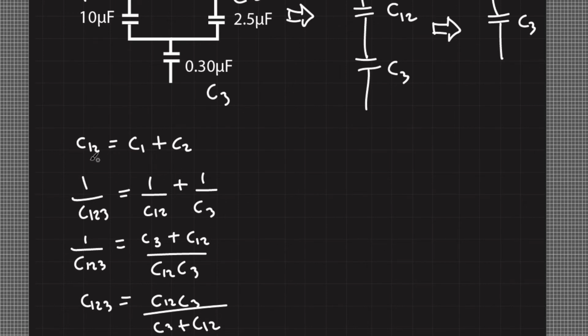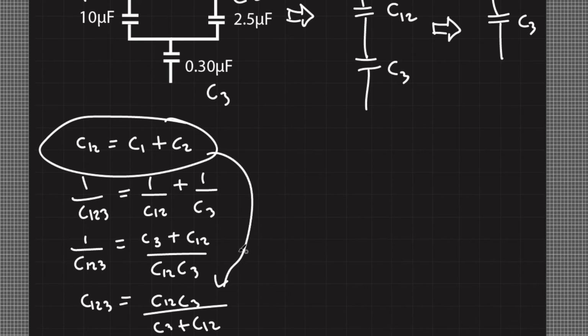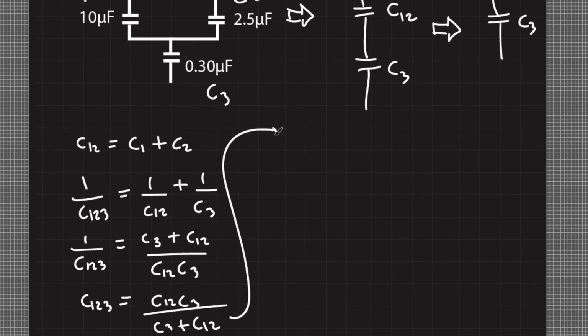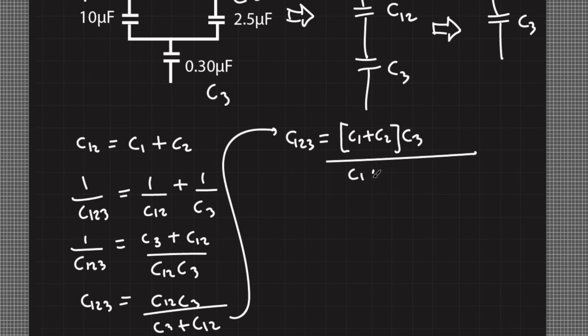Then I'm going to plug in the expression for C sub 1,2 here. Let me rewrite it: C sub 1,2,3 equals C sub 1 plus C sub 2, times C sub 3, divided by C sub 1 plus C sub 2 plus C sub 3.